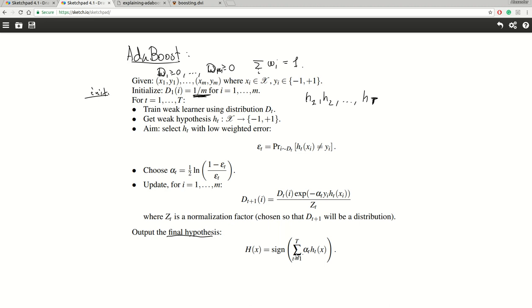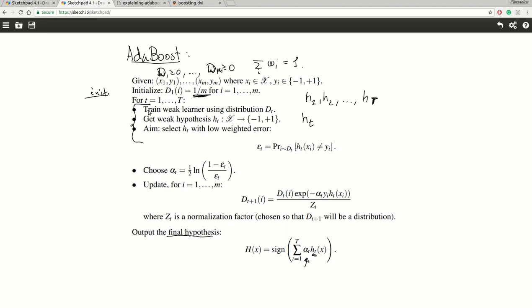The way we'll do this is with a linear combination: we'll sum the hypotheses, with some weight for each of them. Okay, so now these steps could be condensed into learning the t-th hypothesis.